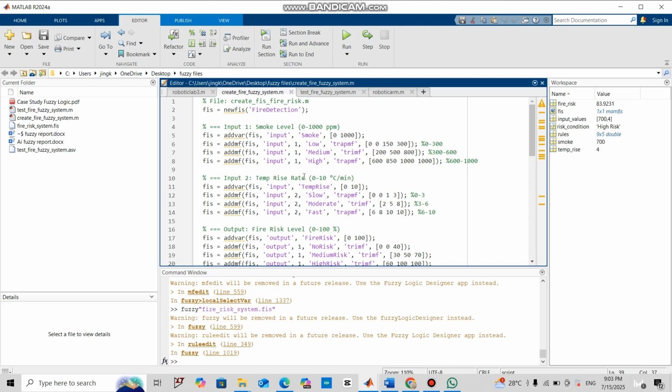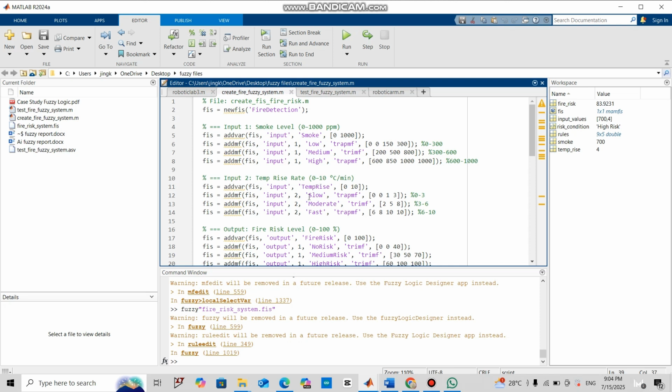These inputs are fuzzified using triangular and trapezoidal membership functions to represent linguistic terms: low, medium, high for the smoke level, and slow, moderate, fast for the temperature rise rate.